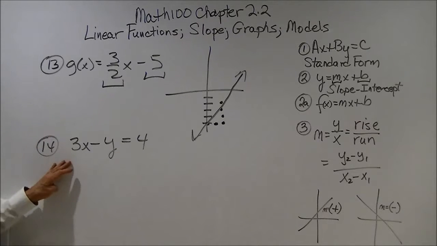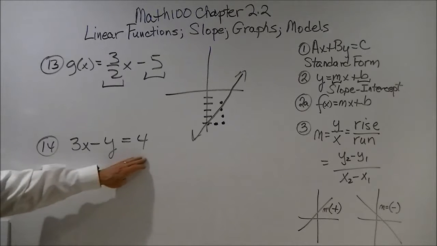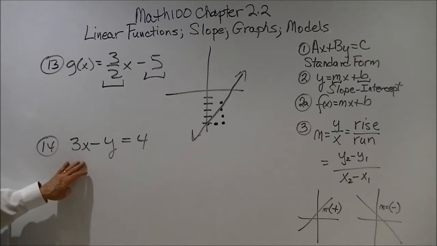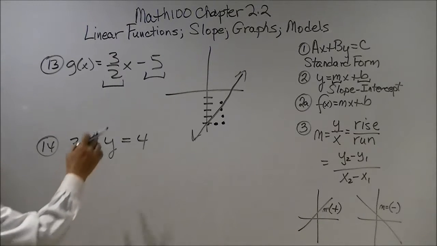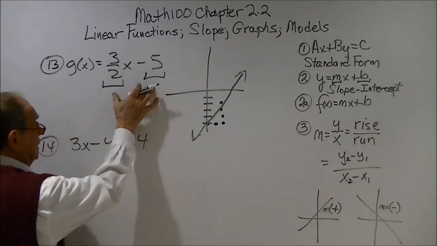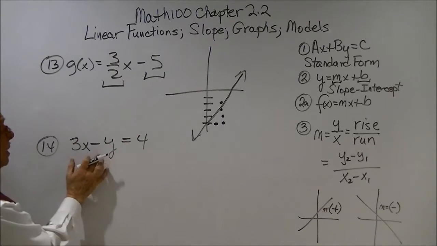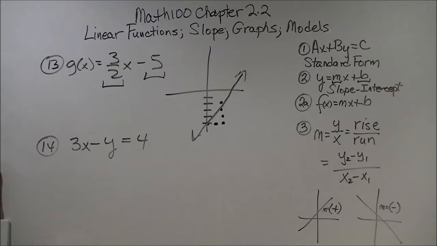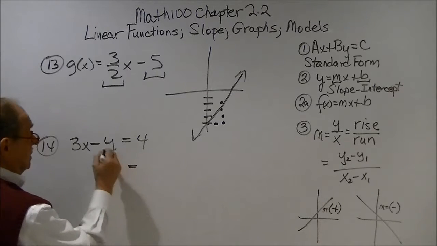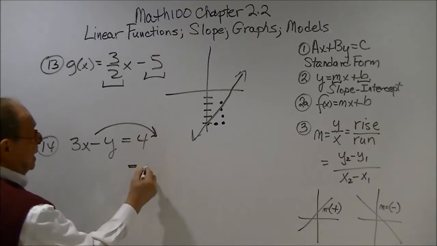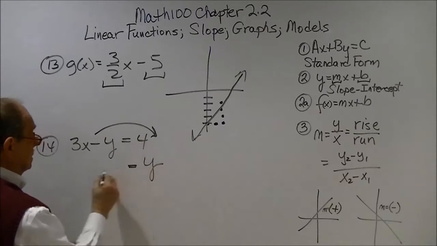Now for number 14, this is in standard form. So if we want to easily find the slope and the y-intercept, we have to solve this equation for y, a positive y. So I'm going to transpose the y to this side to make it positive.